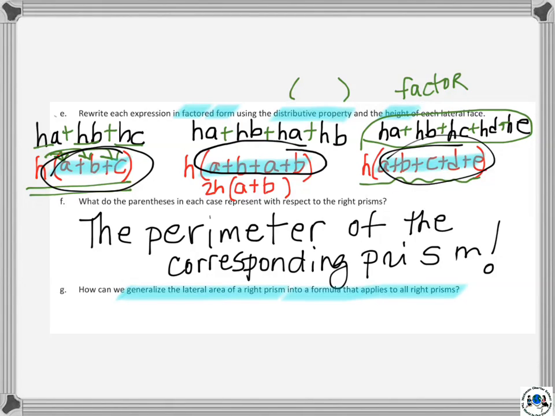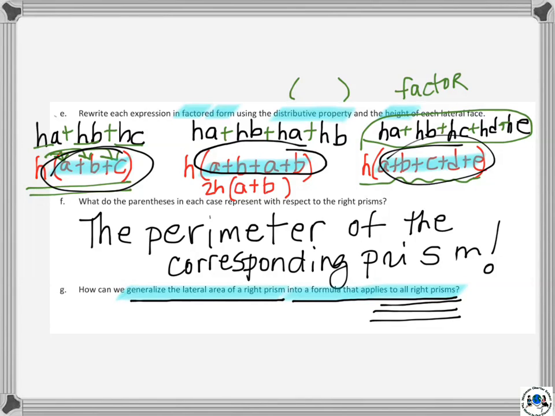We are trying to generalize the lateral area of a right prism, and this is all the lateral faces only, into a formula that applies to all right prisms. So it has to be able to apply to all right prisms, and the prisms we're talking about here are pretty different. You have a triangle, and then you have a rectangle, and you have a pentagon.